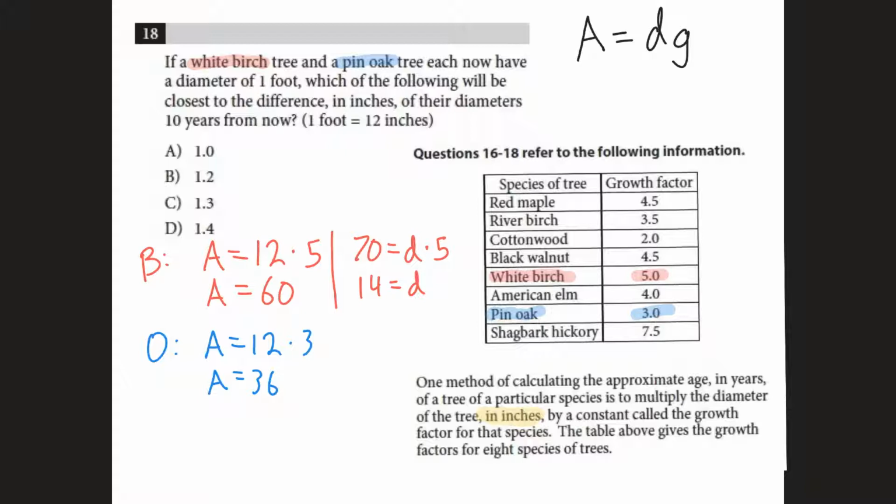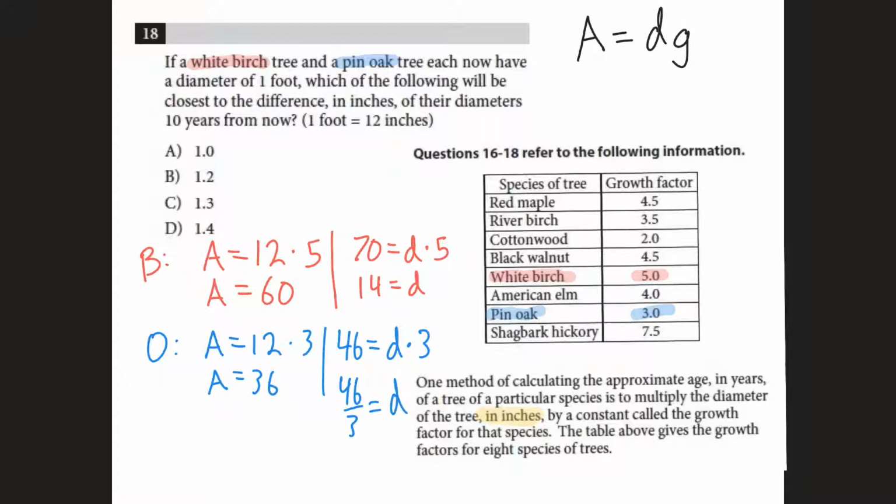Okay, and for the oak, we can see that in 10 years it'll be 46 years old, and we want to figure out the diameter, but we know the growth factor is 3, so we can divide both sides by 3, and we will get 46 divided by 3 equals the diameter.